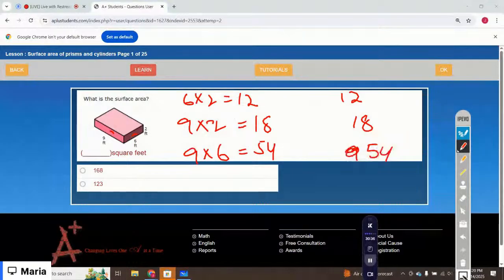So now just add all the areas to calculate the surface area. That is 12 plus 12 plus 18 plus 18 plus 54 plus 54, so that is 168.